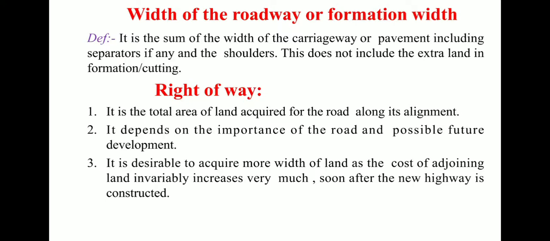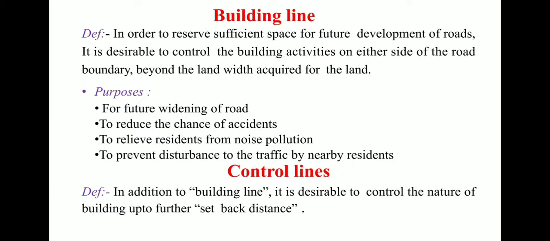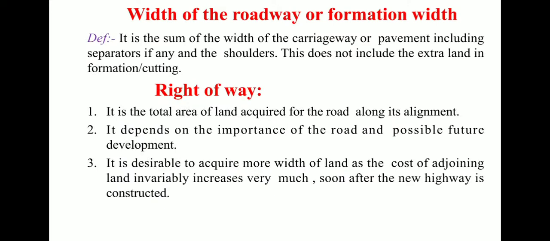While acquiring land for a highway, it is desirable to acquire more width of land, as the cost may increase if there is a highway. Also, roadside development starts taking place, making it difficult later on to acquire more land in the nearby premises.